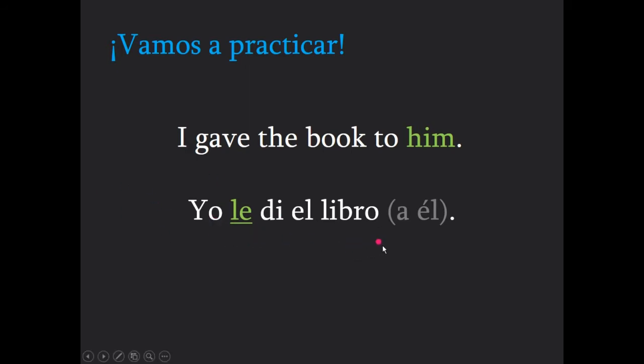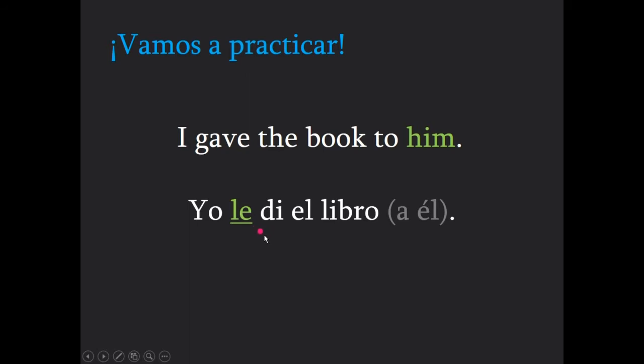So oftentimes le will be clarified with a él or a ella or some other prepositional phrase at the end. Now it's not technically necessary here because the English says it. Yo le di el libro, automatically we know that's to him. But I can say yo le di el libro a él, and a él just clarifies who that le is.